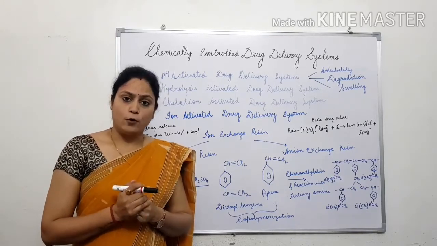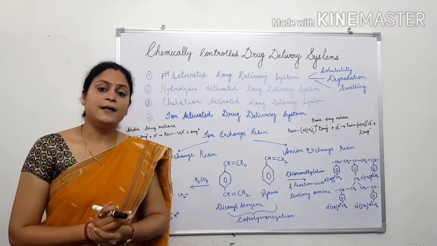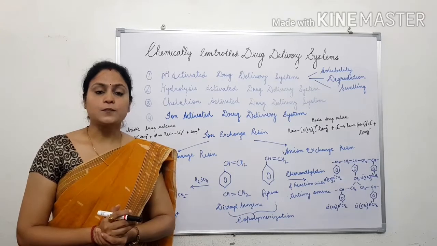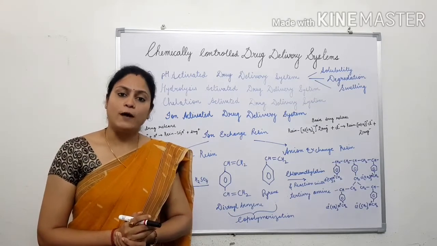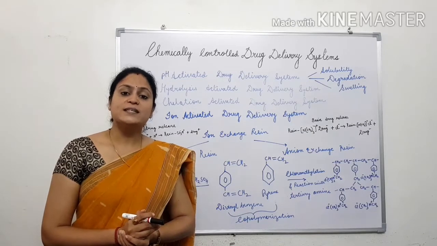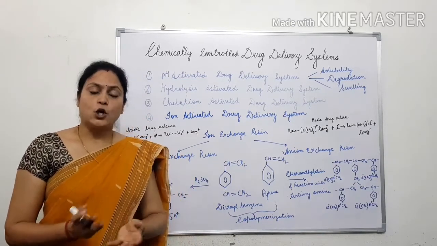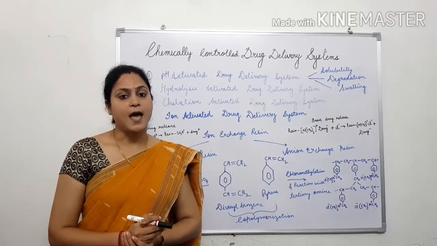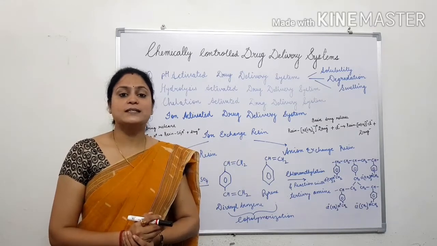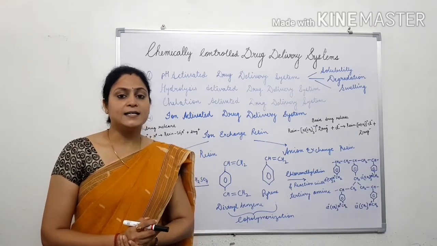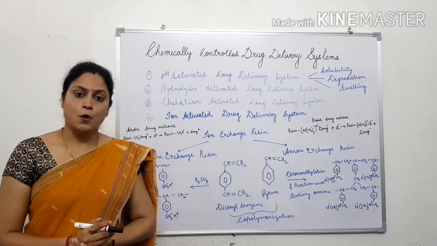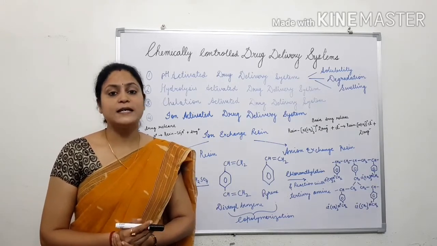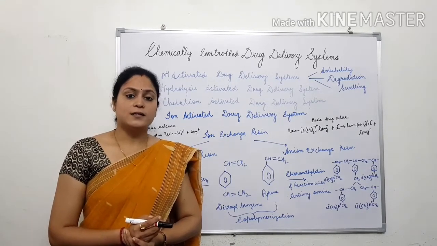Then after formulation of the core tablet, these tablets are coated with a combination of polymers, in which one polymer is insoluble in the body fluids such as ethyl cellulose, and another polymer which solubilizes at intestinal pH. So when a tablet coated with such a combination of polymer is administered, it reaches the stomach.